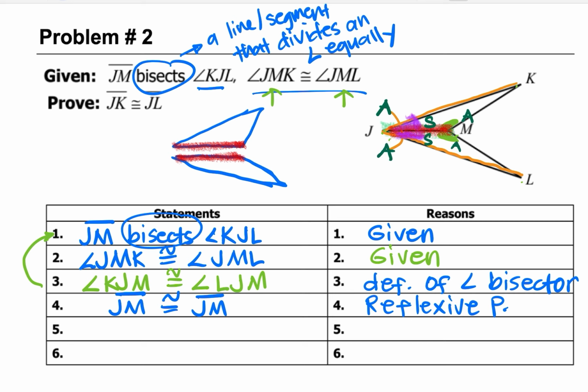So then therefore we can say that triangle JMK is congruent to triangle JML. I'm using this right here, just replace the angle with triangle. So then therefore this would be angle, side, angle congruence theorem.